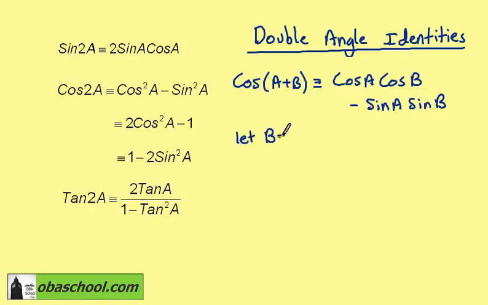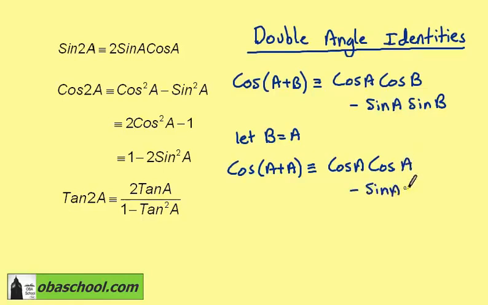If we let b be equal to a, which we can do since the identity means that it should work with any angle, we get cos a plus a is identical to cos a times cos a minus sine a times sine a.